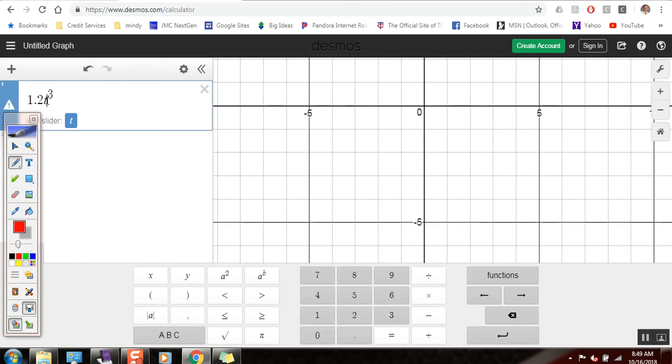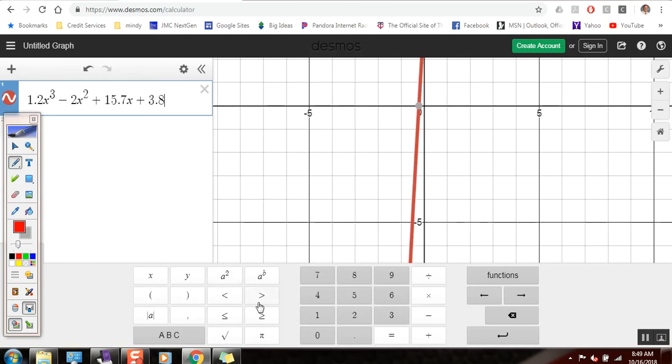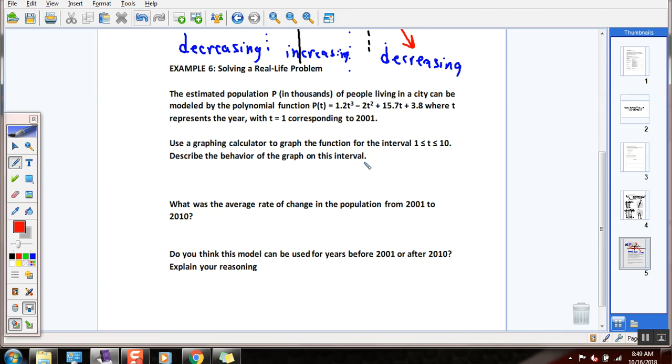Is that okay? Yeah, minus 2x to the second power plus 15.7x plus 3.8. 3.8? Yeah. And it said, look at the behavior between 1 and what, kids? 1 and 10.